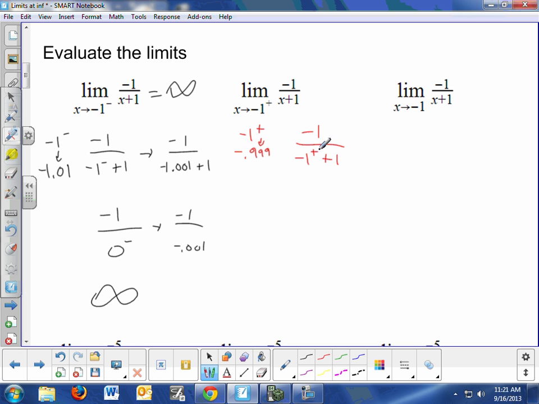Knowing that this is negative 0.9 repeating, negative 0.9 repeating plus 1 is some number that's getting really, really close to 0, but it's positive. Some number getting really, really close to 0 divided into any constant is going to be something really big. The question is the direction. It'll be in the negative direction this time.